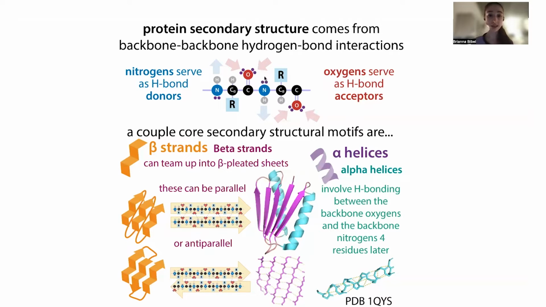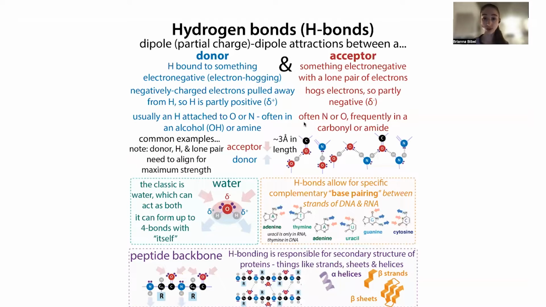where these amino acids are able to form these favorable interactions, these hydrogen bonds, which are these partial charge attractions between the oxygens and the nitrogens, and between the oxygens and the hydrogens of the backbone of the protein.